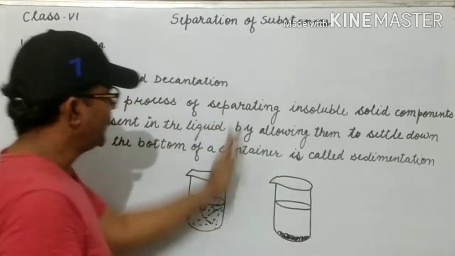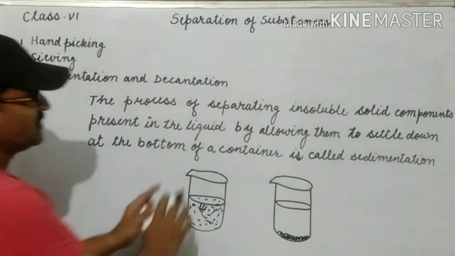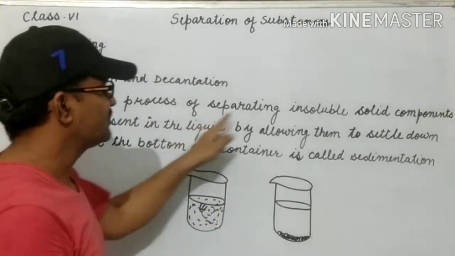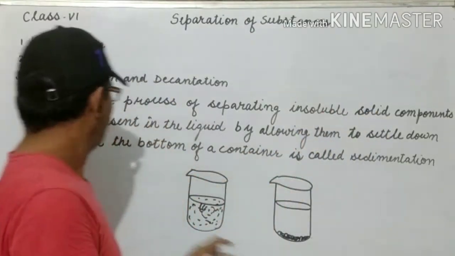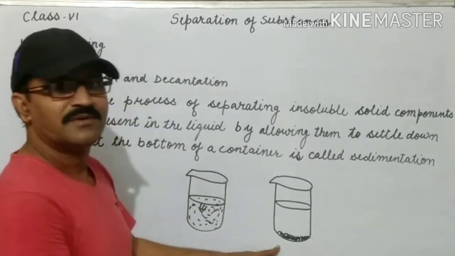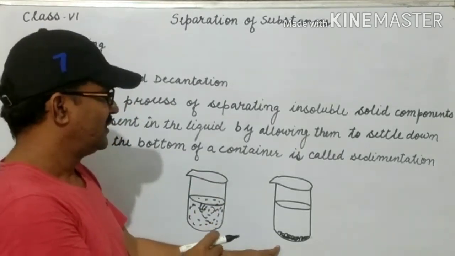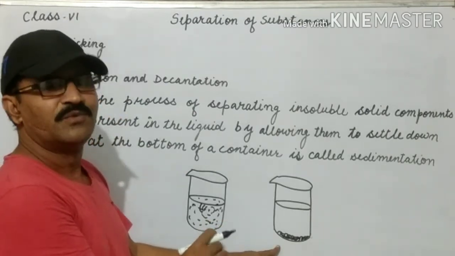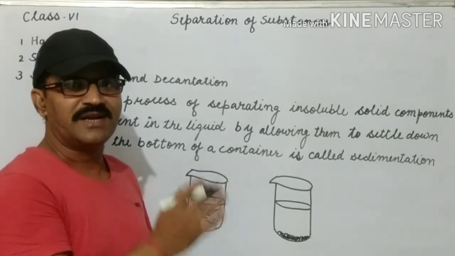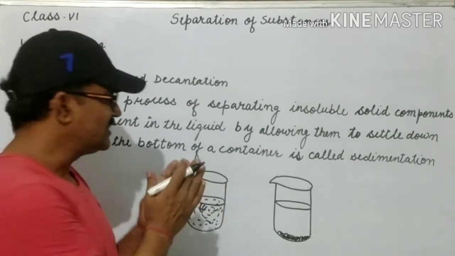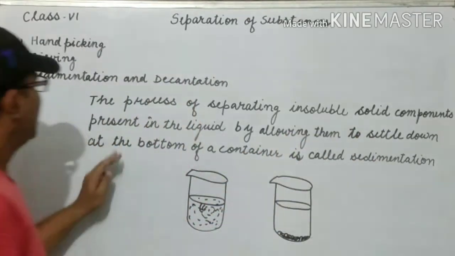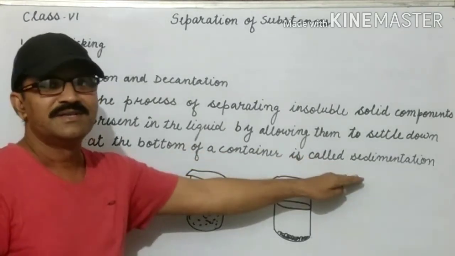With the help of a diagram we can learn this definition. Soil is insoluble in water, and being heavier, it settles at the bottom of the container.